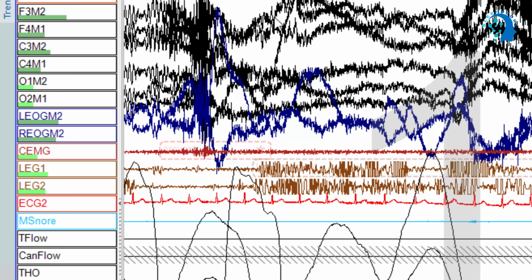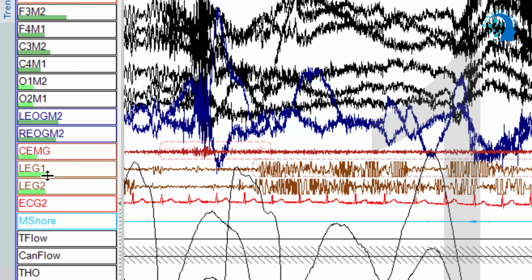C4 and O1, which one is better? O1. Okay. Left leg, right leg, which one is better? Leg 2 is a little bit better than leg 1, the right one. Okay, CEMG, chin and leg 1, which one is better? Yeah, CEMG is better, right?